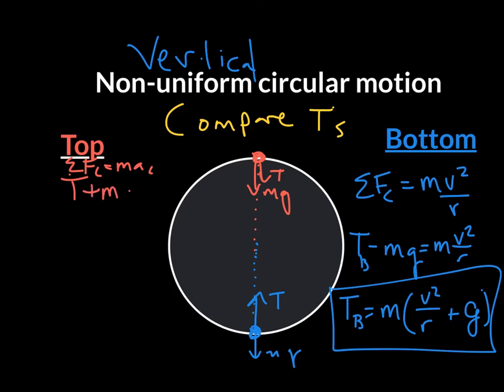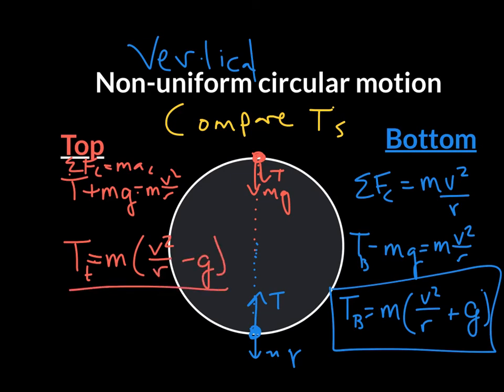So that is T plus mg equals m v squared over r. And we get T at the top equals m times v squared over r minus g. Which means that there's, no surprise, more tension when the rope is at the bottom than when it's at the top.